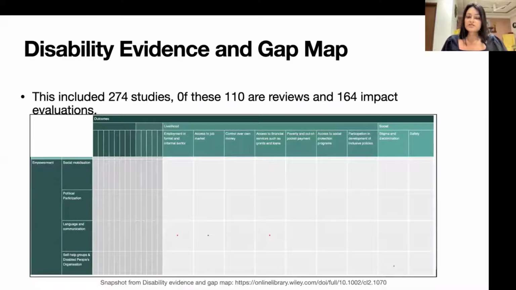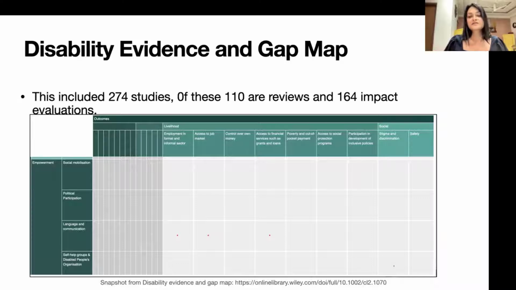What you see here on the screen is a snapshot from the people with disability evidence and gap map that included 274 studies, out of which 110 were reviews and 164 were impact evaluations. In the interventions and outcome categories, that is the framework, we have interventions that are specific to that population subgroup, like self-help groups and disabled people's organizations.